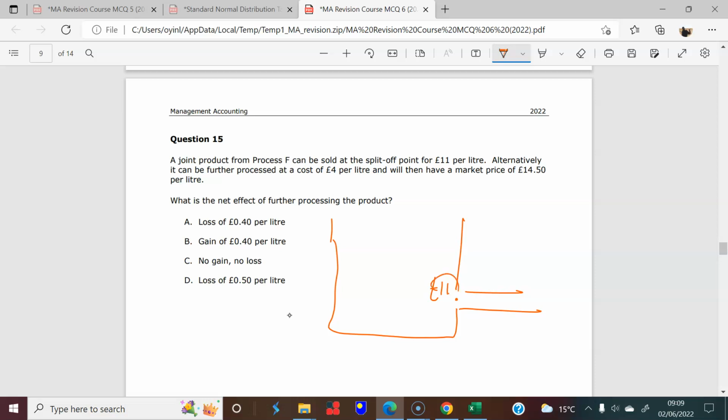So it's valued at £11. We can do some more work to it at a cost of £4. So technically, we would have put in a complete value of £15 on that product, but it only has a market price of £14.50. So if you do that, you're in effect making a loss of 50p on every liter, because that's the difference. Right. And that brings us to the end of Mock 6.